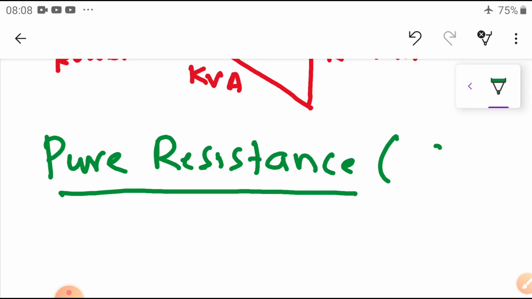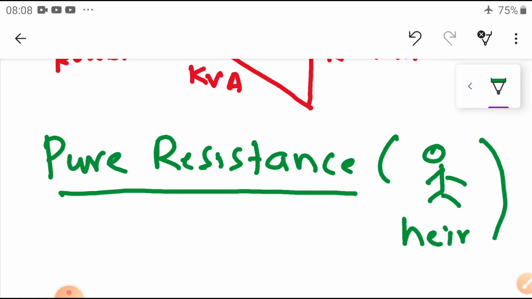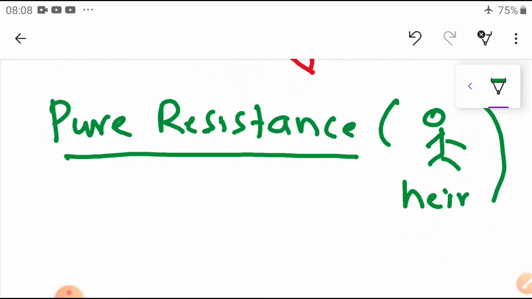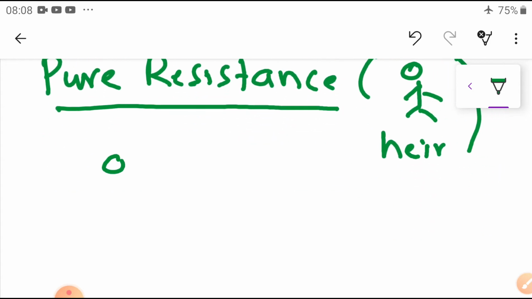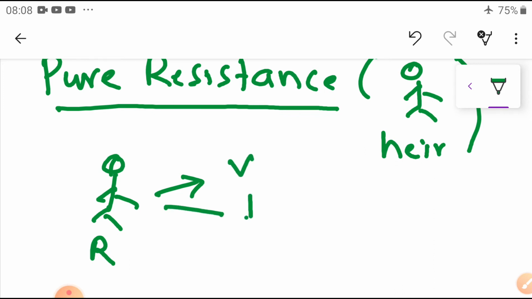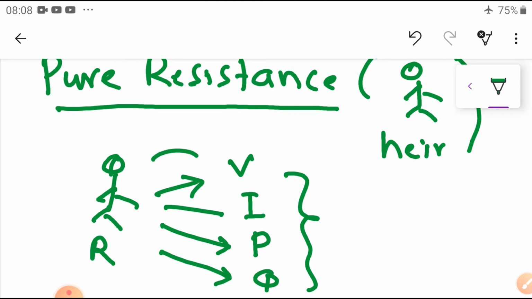That means here the person who is my son is an heir to my total family. I want to know its behavior, that is, the behavior of resistance. I want to know the relation between these three.